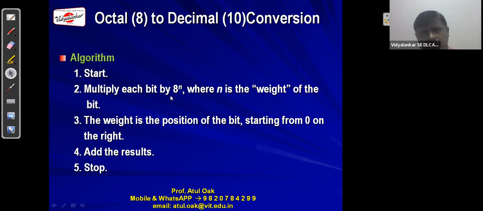Instead of writing 2 raised to n, I'm writing 8 raised to n. Rest everything is the same. Yes, that's perfect. Multiply by 8. Power of 8 is basically called weight.